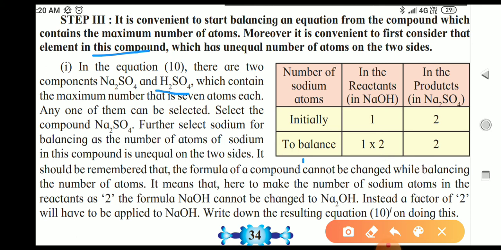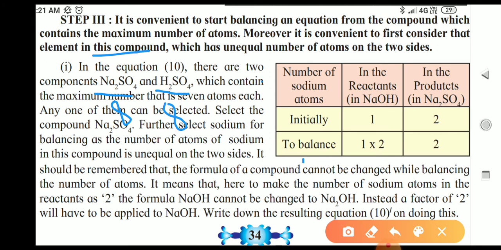So total atoms becomes 8 atoms. And in case of sodium sulfate, again the same number of atoms. So total 8 atoms in sodium sulfate and sulfuric acid. So we need to start from these two compounds, sodium sulfate or sulfuric acid.